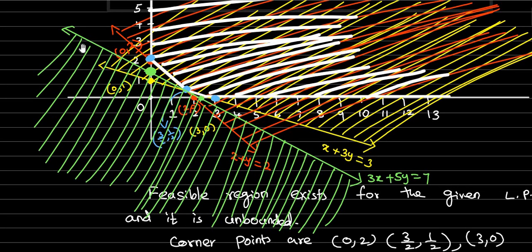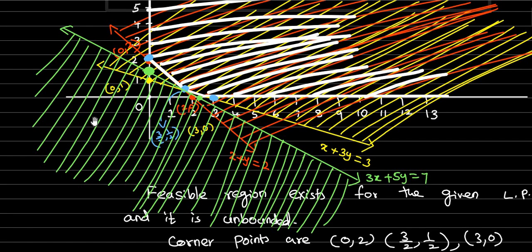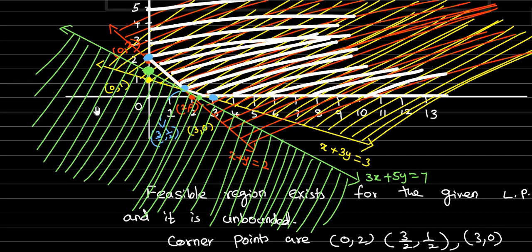Do you see even one point matching? There is no common space. Less than 7 means only the shaded part; the line 3x plus 5y equal to 7 is also not a solution. The solution space starts on this side of the line. So the feasible region and the solution of 3x plus 5y less than 7 do not share any solution at all.